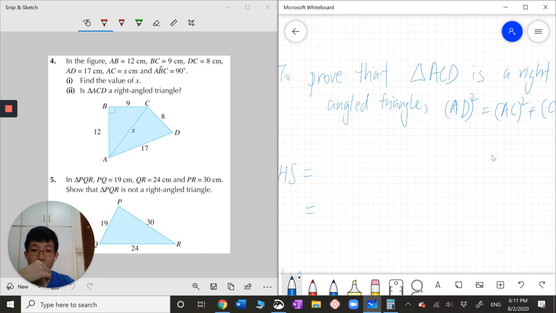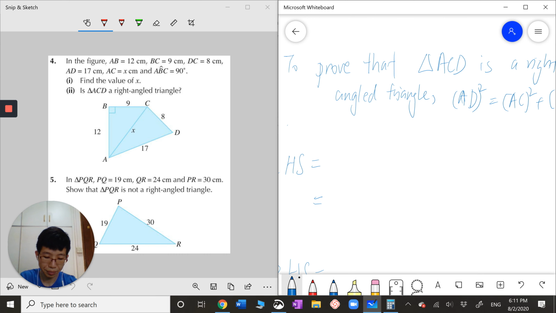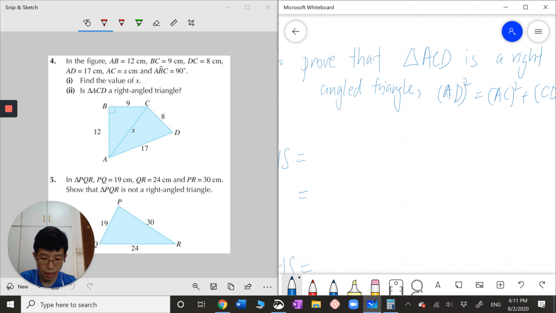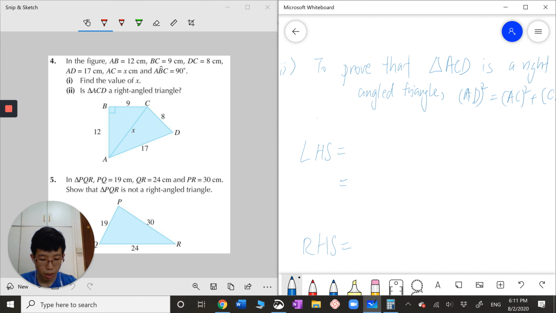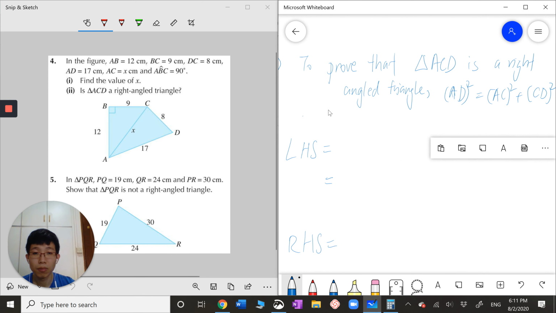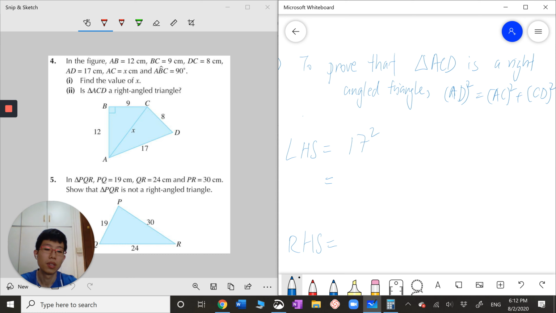So how do we express our answer? First step, we need to find the value of the left hand side. So AD square, which is 17 square. What is 17 square equal to? Key in your calculator, it is 289.